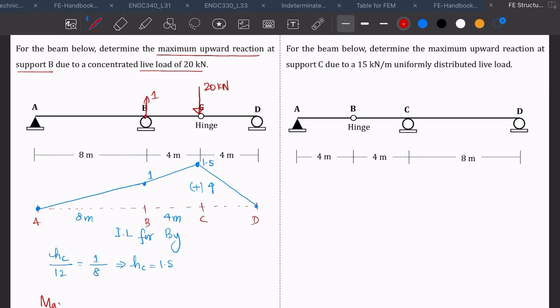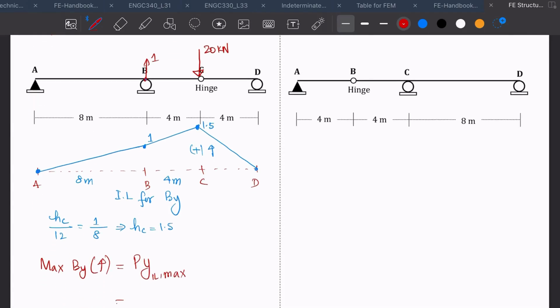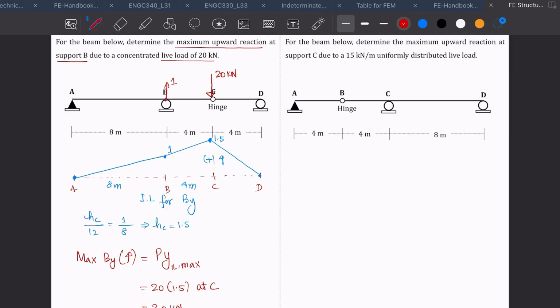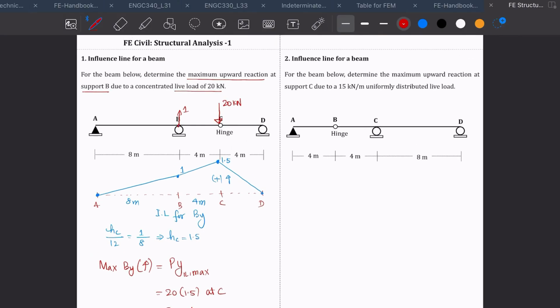So your maximum By, which is upward, again positive, will be equal to P times Y of your influence line maximum, and that will be equal to 20 times 1.5, which is at C, and that will give you 30 kilonewton. So that's how you find the maximum reaction due to a concentrated live load of 20 kilonewton. This is how you use the concept of influence line to get your maximum reaction at By.